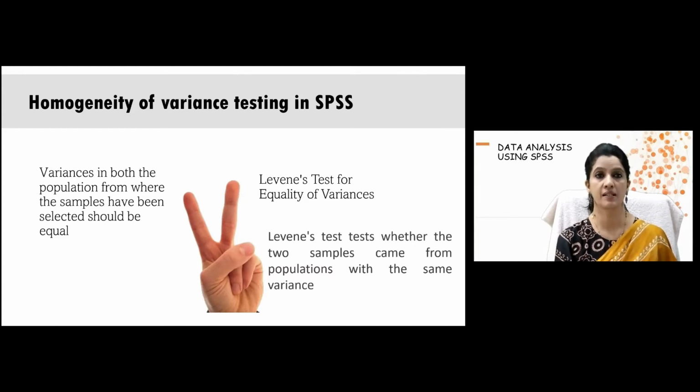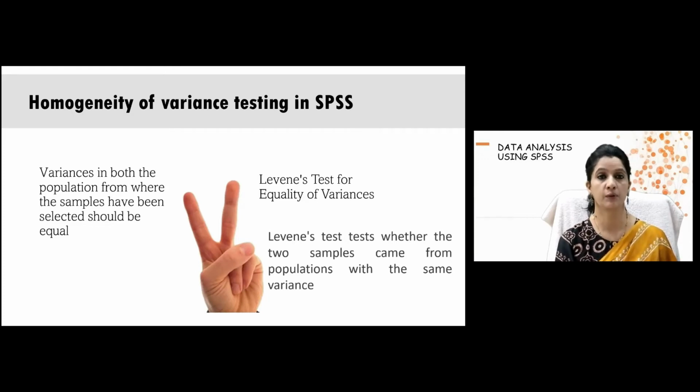And we test it by a test known as the Levene test for equality of variance. We have used one named test, that was the Shapiro-Wilk test. Shapiro-Wilk test is for testing normality, whereas the Levene test is for testing the equality of variance. And Levene test tests whether the two samples came from populations with the same variance or not.